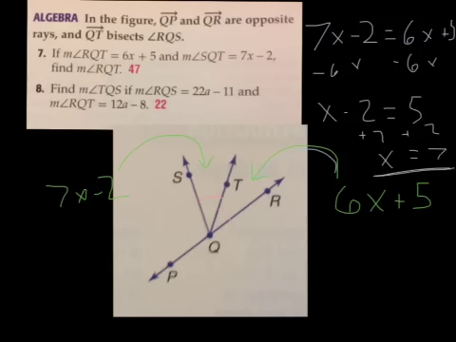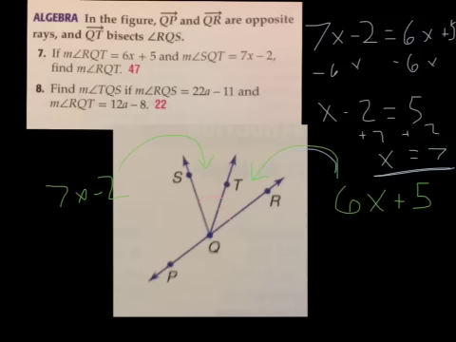Now we know that x equals 7. So we've solved for a variable. Are we done yet? Let's take a look. What are they asking us to find? Oh, they didn't say find x. They said find the measurement of RQT. Here's RQT. We know that's 6x plus 5.